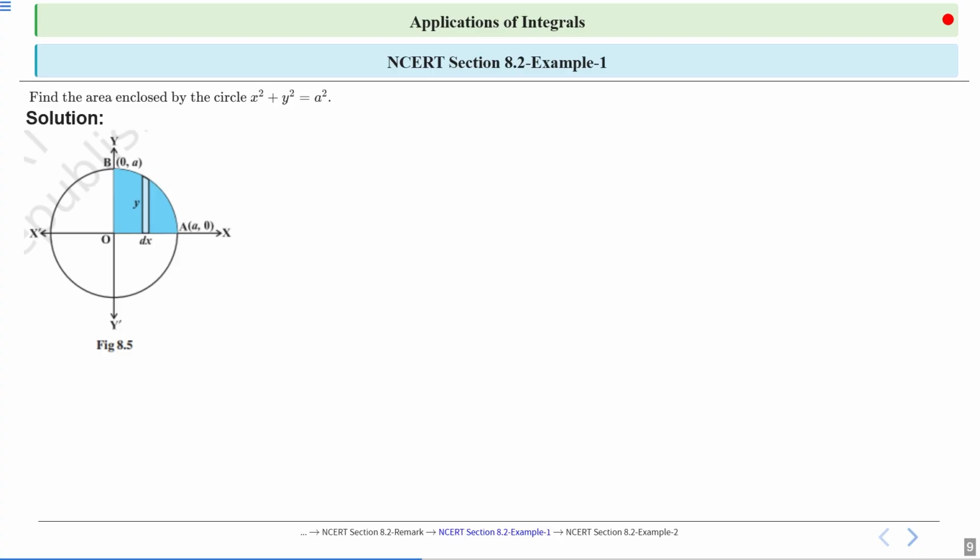So to solve this question, to find the area enclosed by the circle x square plus y square equal to a square, at first we need an idea of how to draw this graph.